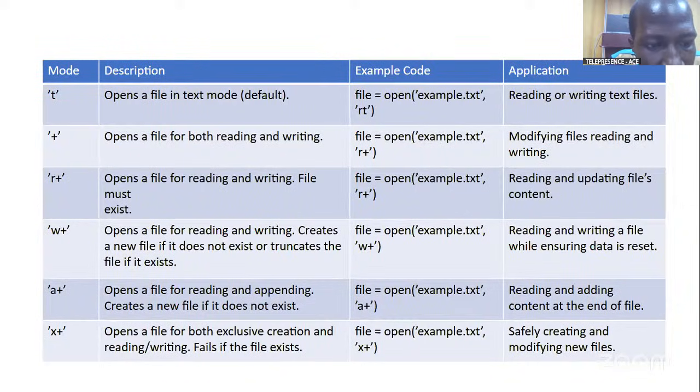So R plus opens a file for reading and writing; the file must exist first. So reading and updating files. If you want to update the file, you can use R plus. W plus opens a file for reading and writing. It creates a new file if it does not exist. So create if it does not exist.